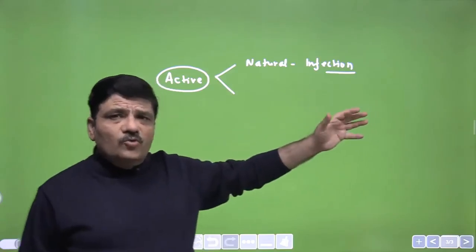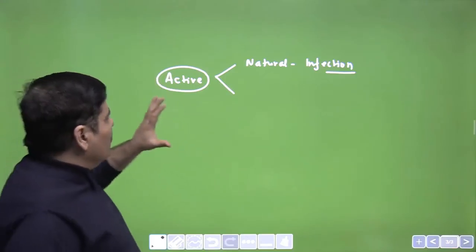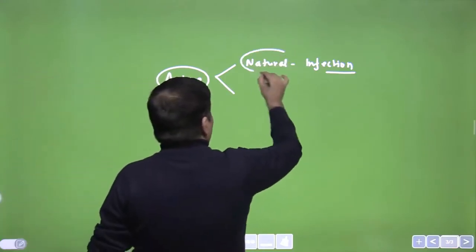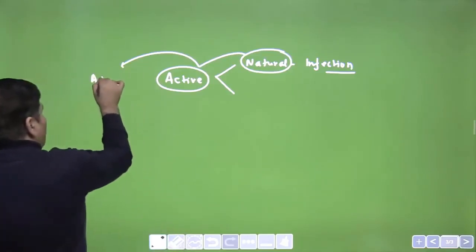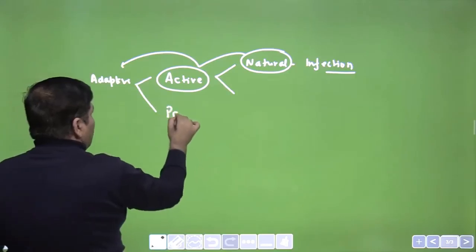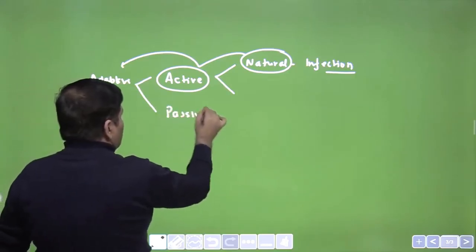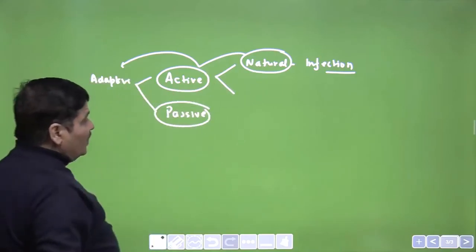The body is exposed to the antigen and it responds appropriately. This would be naturally acquired active adaptive immunity. So we are talking about the adaptive immunity, which can be active and which can be passive. So I am classifying this type of immunity as naturally acquired active adaptive immunity.